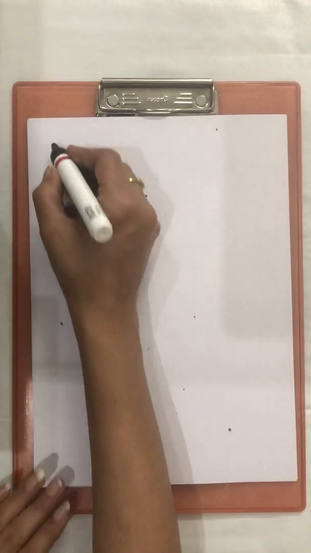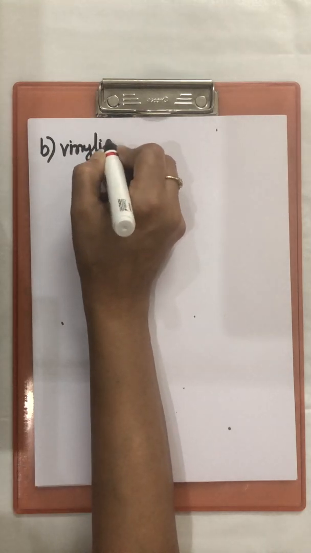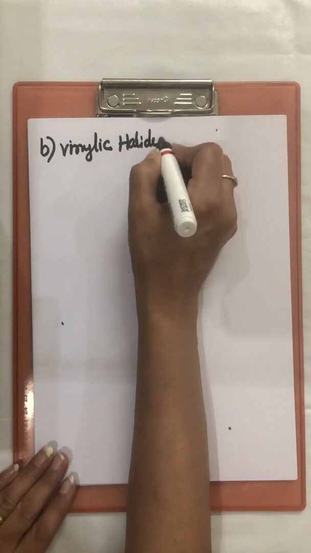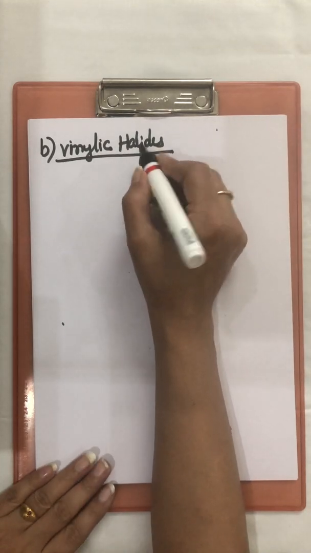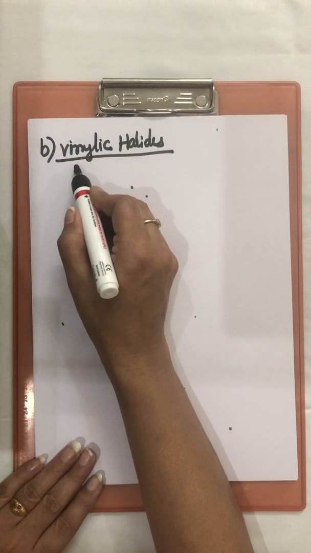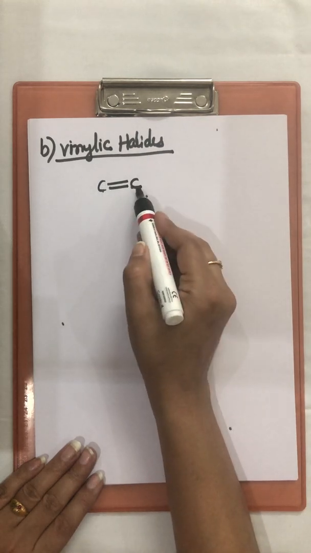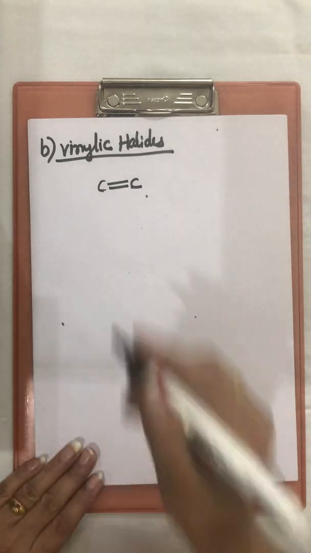After knowing what are allylic haloalkanes, we are moving on to the second type here, vinylic halides or vinylic haloalkanes. Now again, to know what are vinylic haloalkanes, we should know first of all what is vinylic carbon atom. The double bonded carbon atoms, both these carbon atoms which have a double bond, these are vinylic carbon atoms.